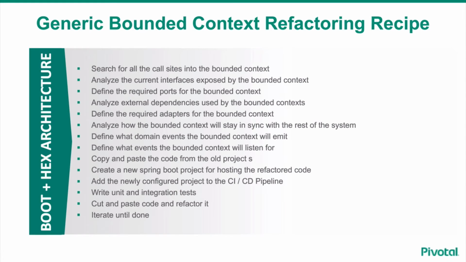The key, once you identify the coupling, is that you have a clear understanding of the purpose, and of what events are emitted by the bounded context and received by the bounded context. You then proceed to create an API fence around it, and start pulling out the bounded context into its own application.